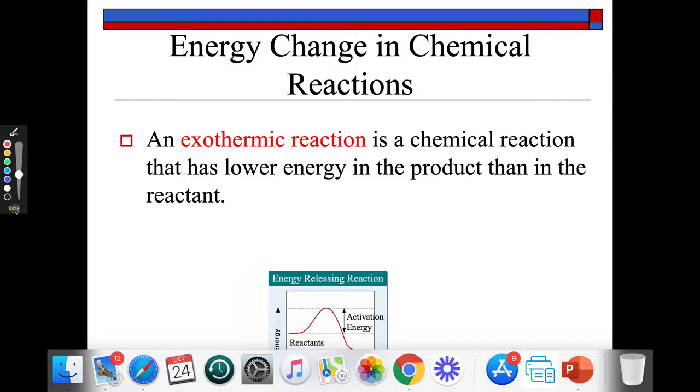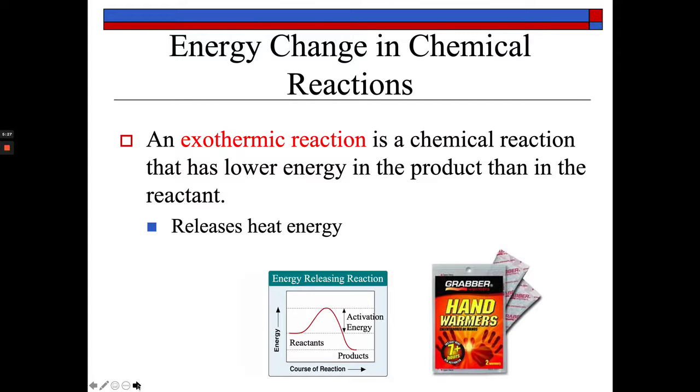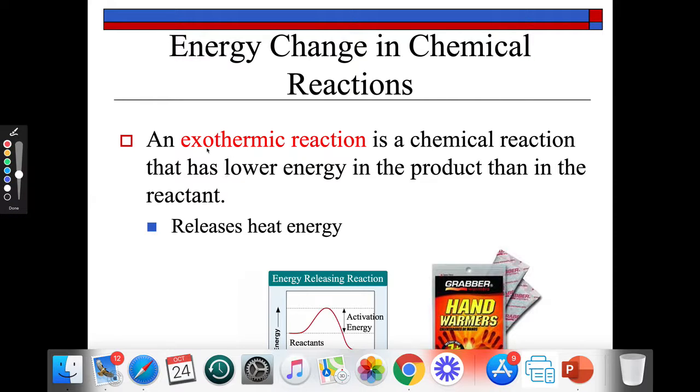An exothermic reaction is going to release heat. So it's going to give off heat. Again, the key to all of this, exothermic is going to release heat energy.